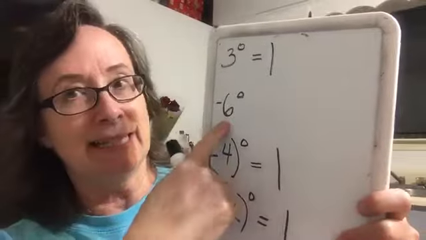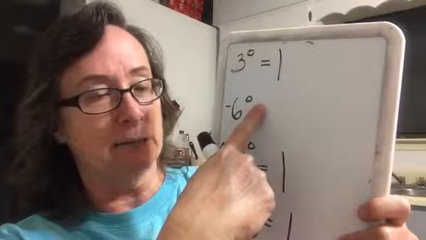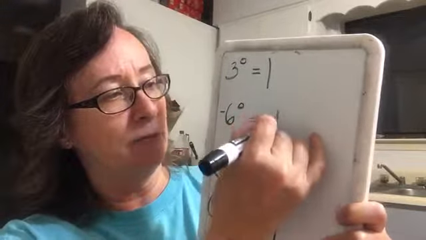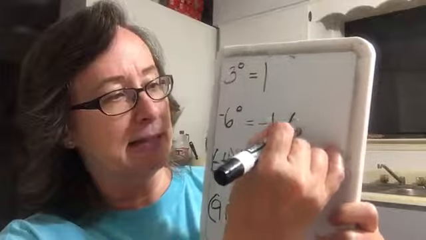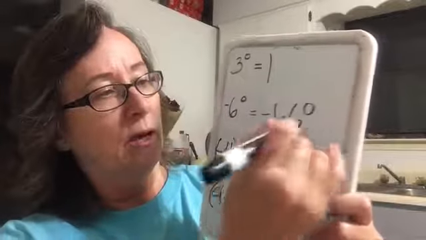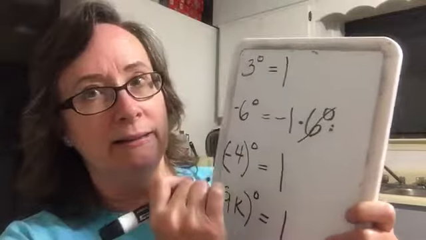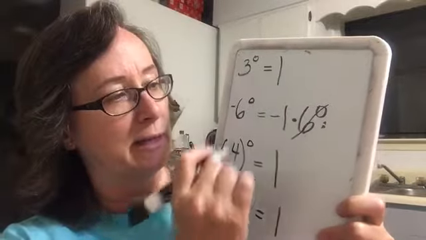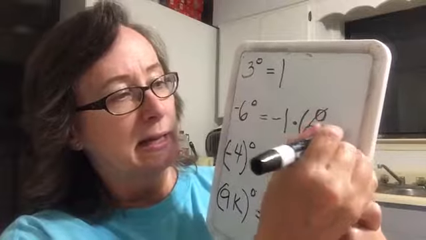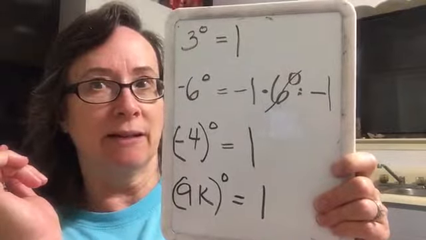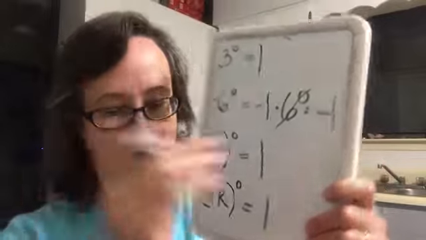So only the 6 receives the 0 exponent. So this becomes the same thing as -1 times 6 to the 0, which is -1 times 1. That 6 to the 0 becomes a 1. -1 times 1 is -1. So those are some 0 exponent examples.